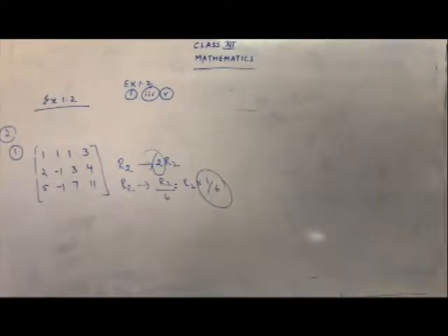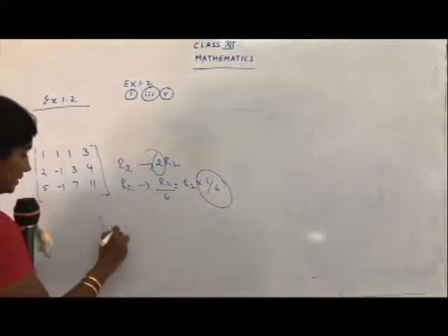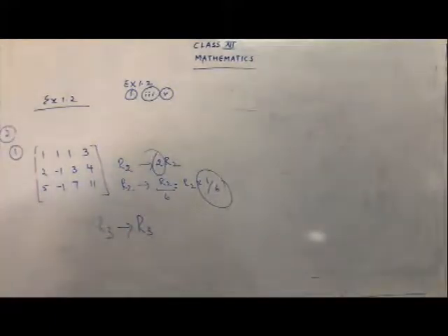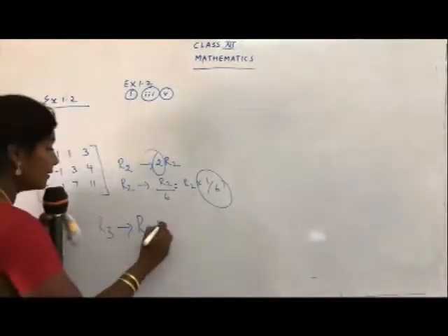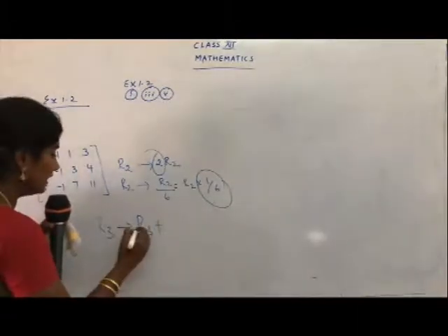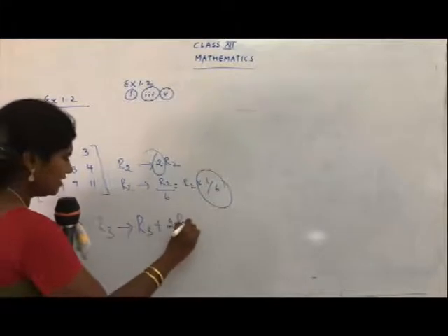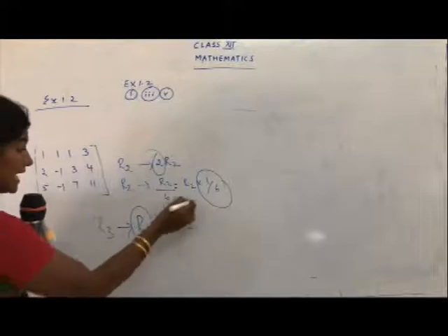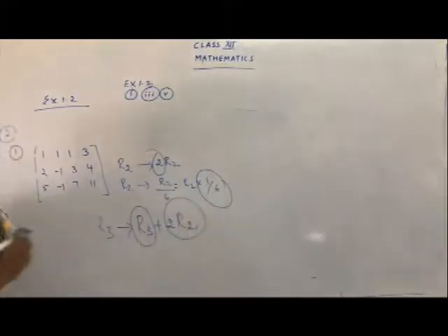If I take R3, R3 can be changed as the sum of the row with a non-zero scalar multiple of another row. You can take here 2R2, any other row. The sum of the row and the scalar multiple of another row.